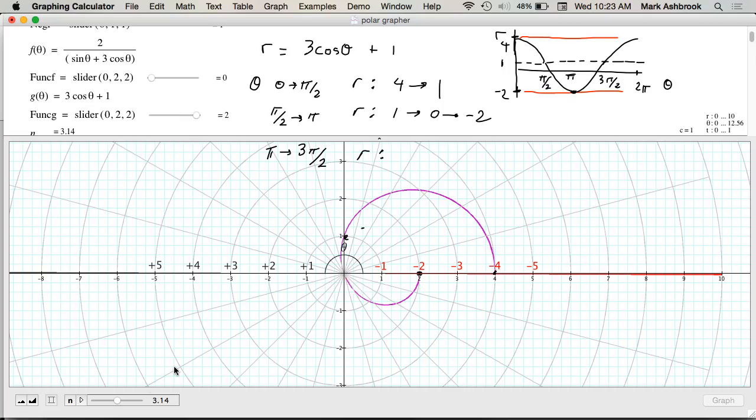From negative 2 back to 0, and then finishing off that quadrant, getting to 3 pi over 2, the radius gets to 1.